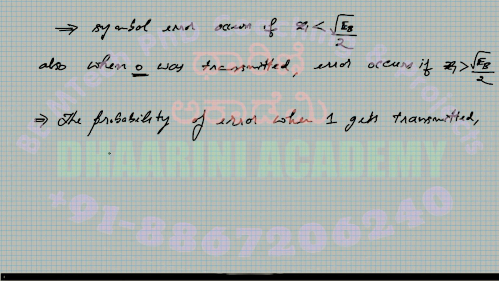We denote that as probability of error when 1 is being transmitted, PE of 1.